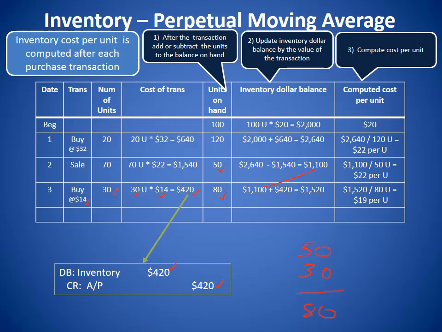To that, we add the $420, and that means our total inventory balance will now be $1,520. At this point, we take the $1,520 and divide it by the 80 units on hand, which means our moving average cost per unit now equals $19 per unit.